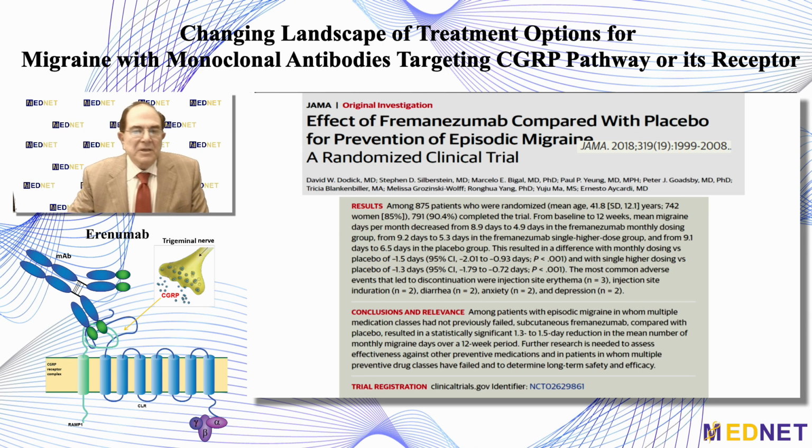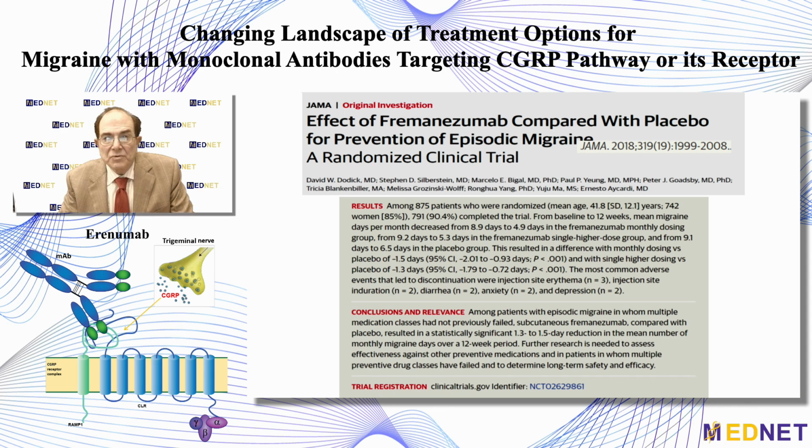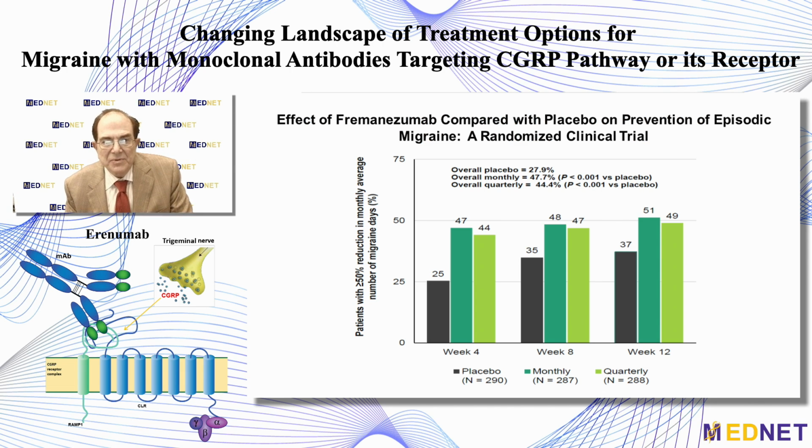Following the publication of the chronic study, there was the episodic study, which was published in JAMA. Dr. Dodick was the senior author, I was the second author. And essentially what we showed is that it was effective in episodic migraine, and basically looked at for week 8 and week 12, we found that if you looked at the quarterly and monthly, it was close to 50%.